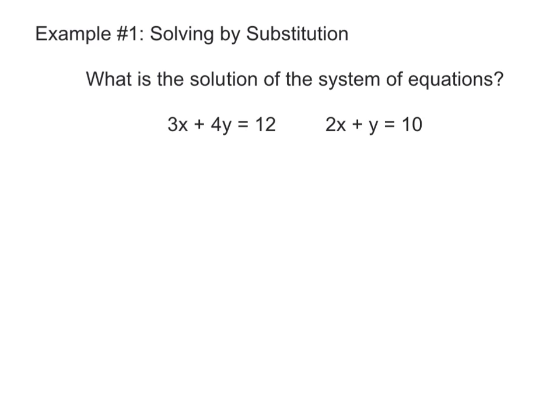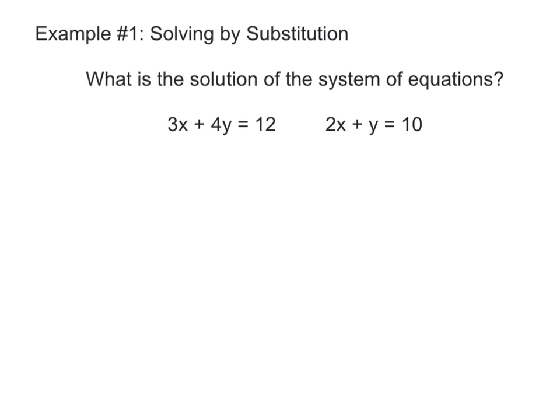But that's not what we have. Right now we just have two equations. So what we're going to do is analyze or take a closer look at both equations and determine, is there a variable that we can easily solve for currently?